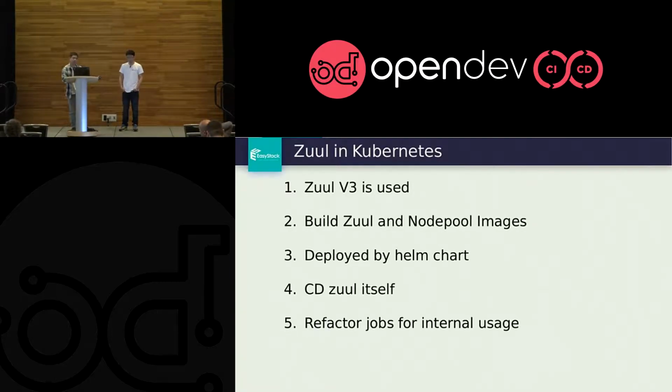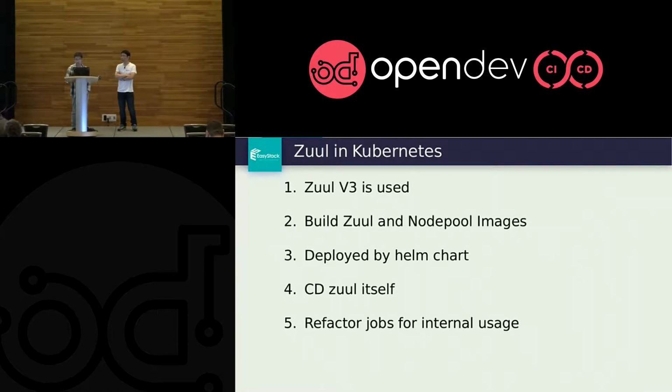V3 dropped Jenkins, so we had to migrate our jobs from Jenkins to Ansible. Fortunately, as Ansible is simple to develop with, it did not cost much to migrate all the jobs.